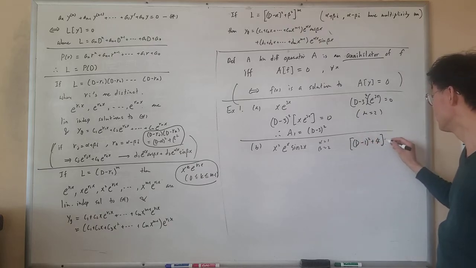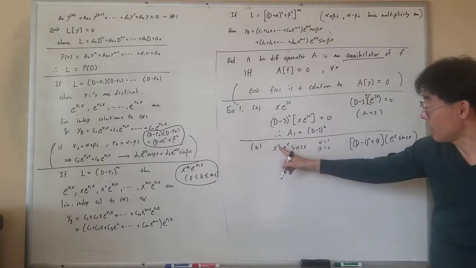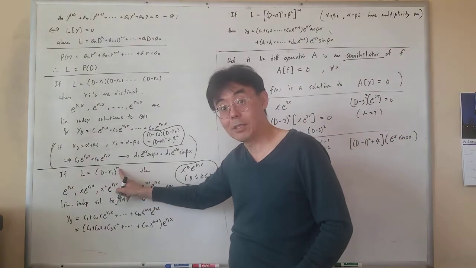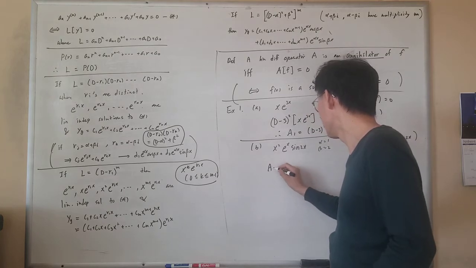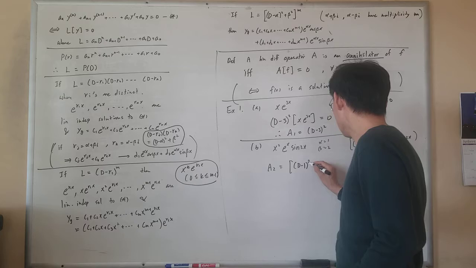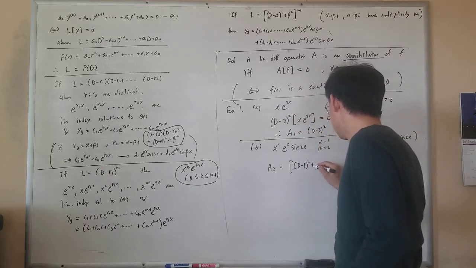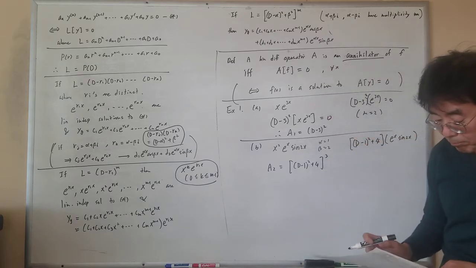That would annihilate e to the x sine of 2x. In order to have x squared times this to work, it has to be at least 3 or more. Right? So your annihilator has to be at least multiplicity 3. At least 3. Okay?